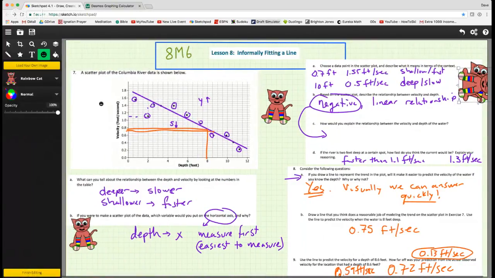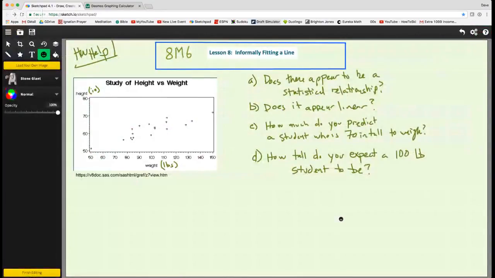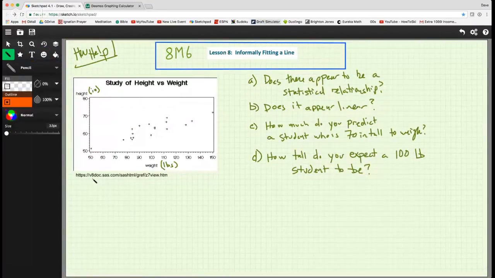Okay, let's go to one last example, and this is going to be your final example of homework help. Okay, so I got this off the web. Here is where I'll give credit to where I found it. Found it online. This URL, just this data graph, and what it does is it graphs the height versus the weight of students in 8th grade.